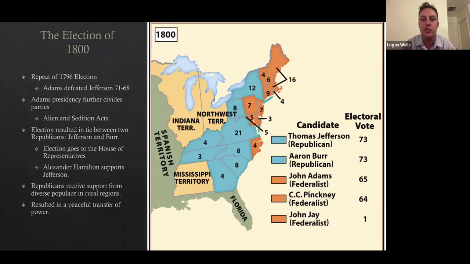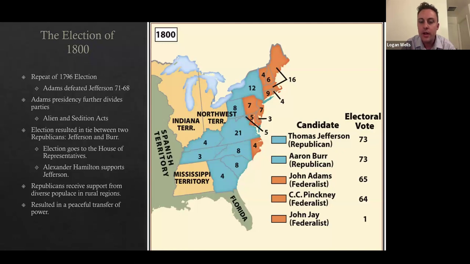So Jefferson basically doesn't really do anything during his vice presidency. He just goes back to Virginia, back to Monticello, and bides his time and waits till 1800 when he can run for president again. But it's a very close election, 1796. Adams defeats Jefferson 71 to 68 in the electoral vote.